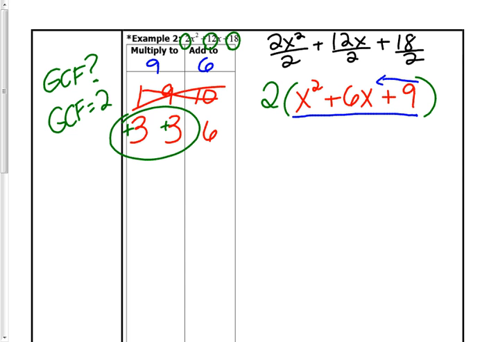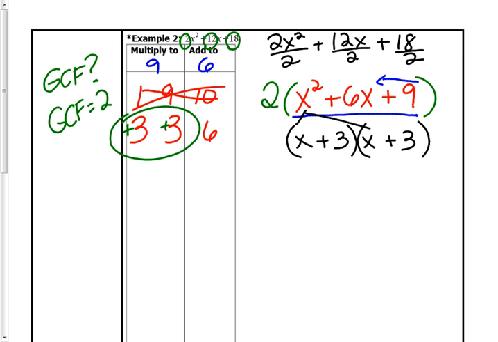So I can take this inside part, this trinomial, and I can actually factor that by itself. Remember, the x squared gets split, x and x. And then the 9, that magic pair, got split into positive 3 and positive 3.